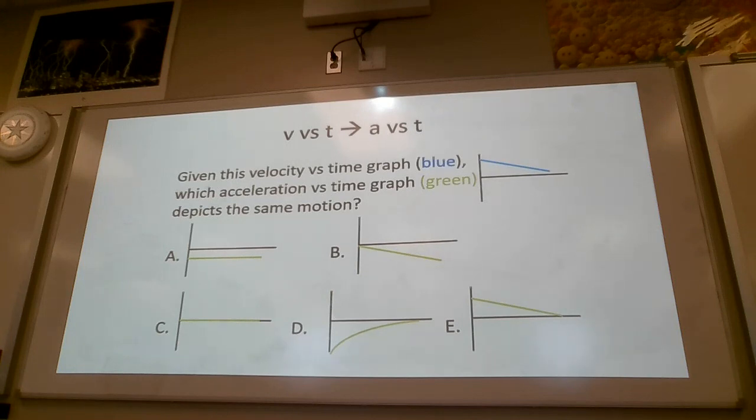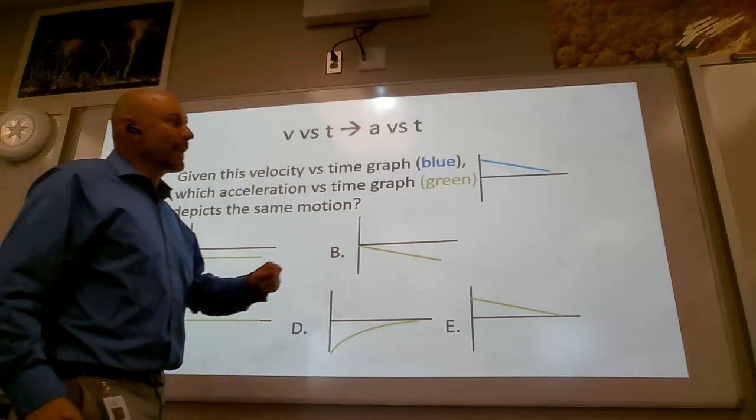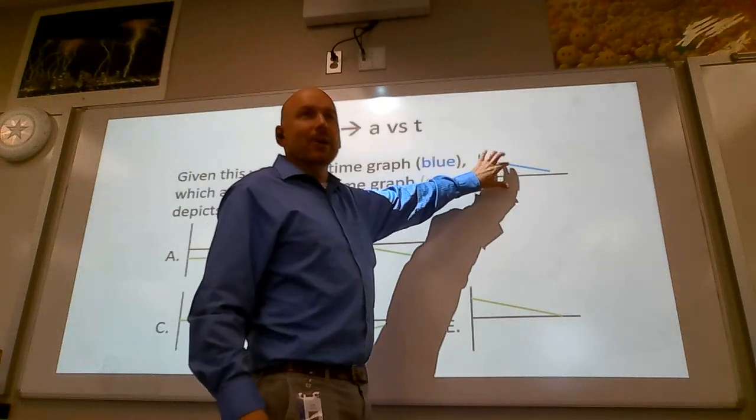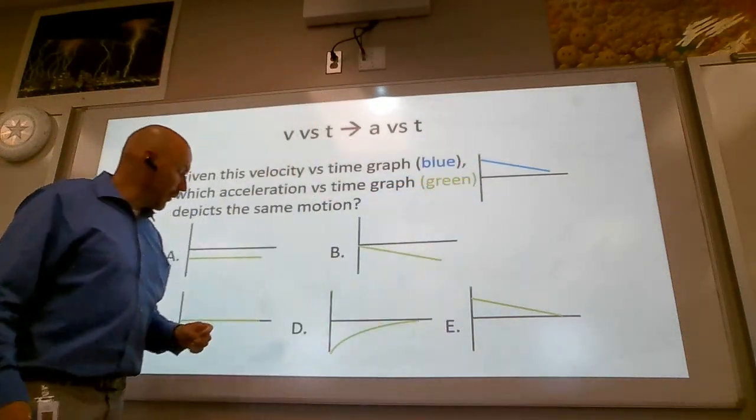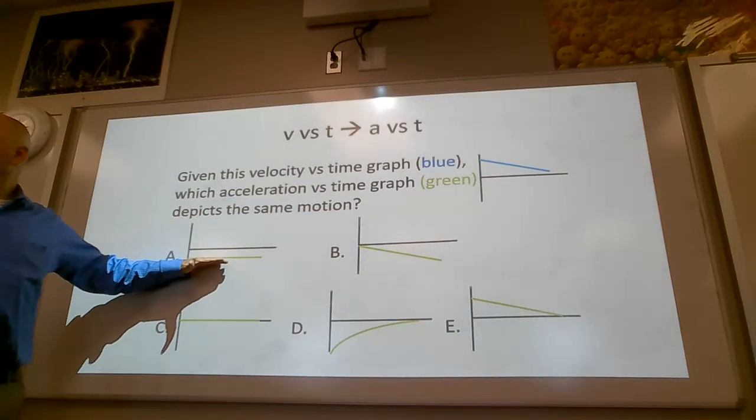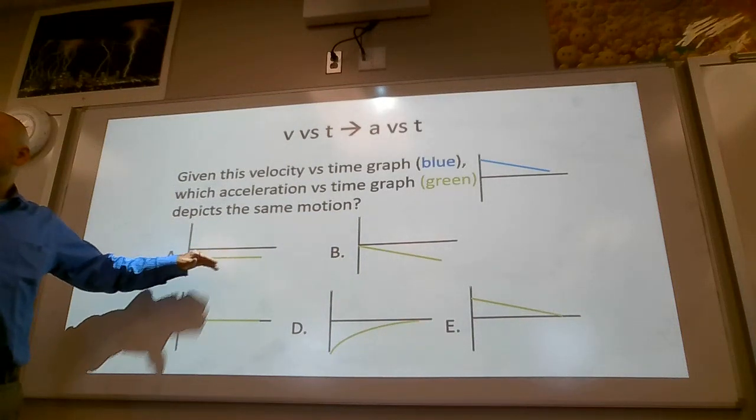So it's not. But it's changing. So it's changing. Oh wait. Correct answer is? Correct answer is A. You have a negative constant slope, therefore you have a negative constant value.